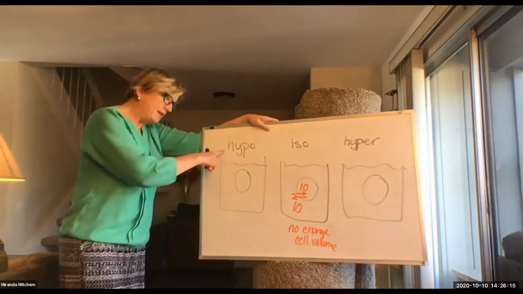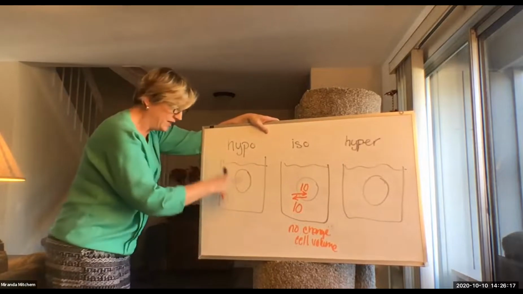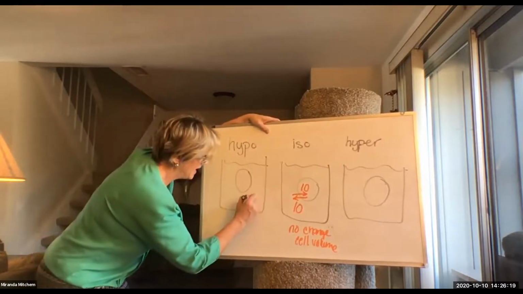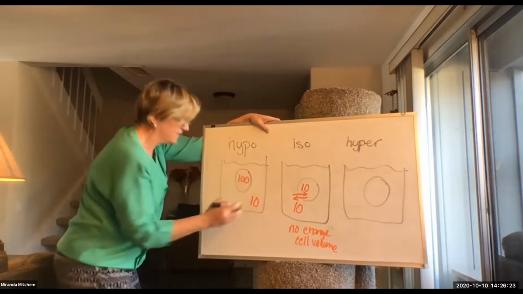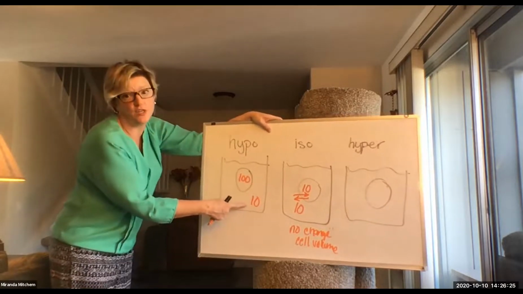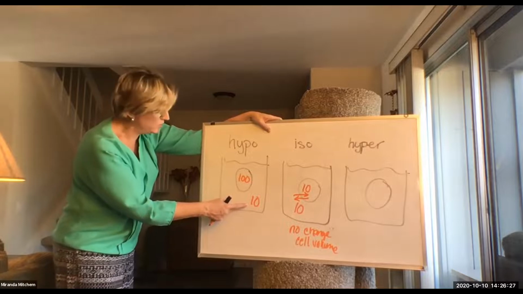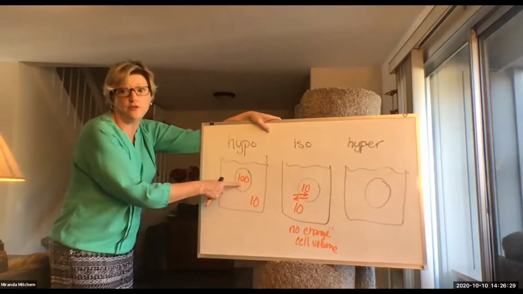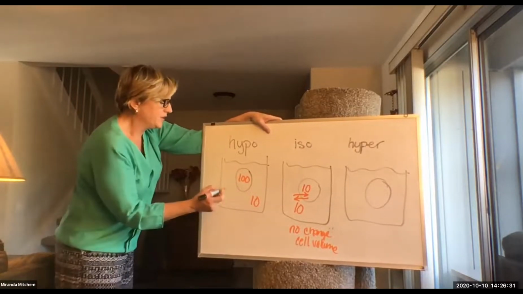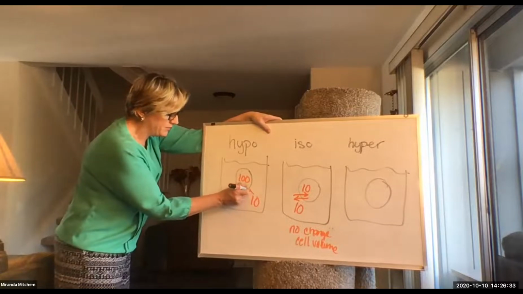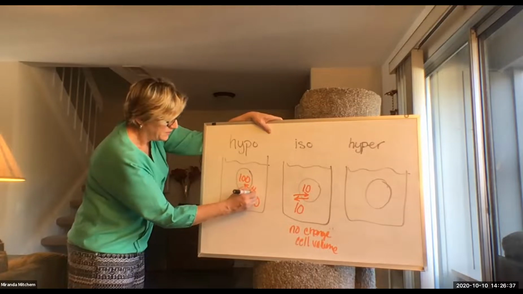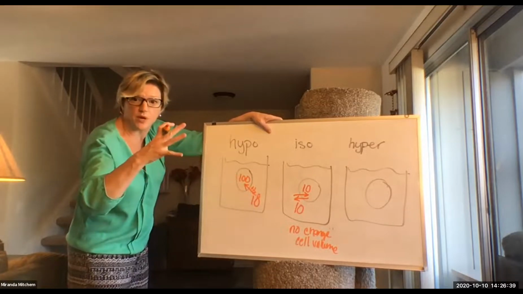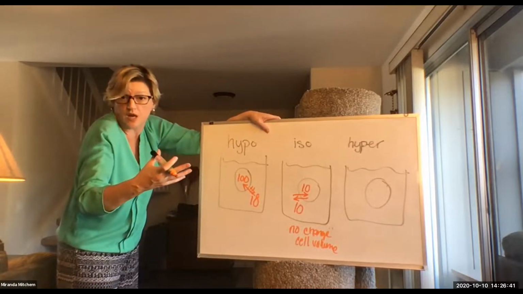But in the hypotonic solution, now it's less outside the cell as it is inside the cell. So we've got an arbitrary 10 units of concentration in the solution versus 100 in the cell. So the way that the water is going to move is into the cell. And the cell's going to get bigger and bigger and bigger, like a balloon taking on more.